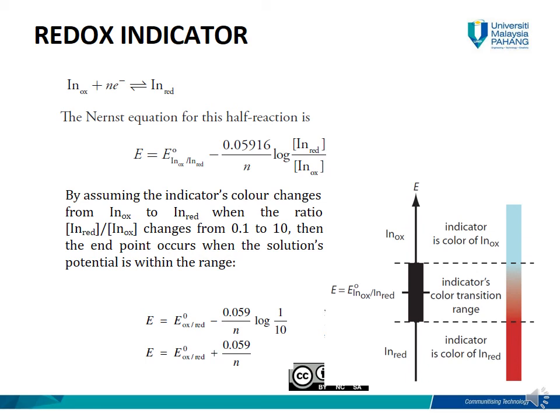So you can use any kind of indicator for the redox reaction. The same concept that you need to implement in this redox reaction is that you will observe the color changes in the oxidation solution and also in the reduction solution. It will give you a different color. So this is what you need to take note of.